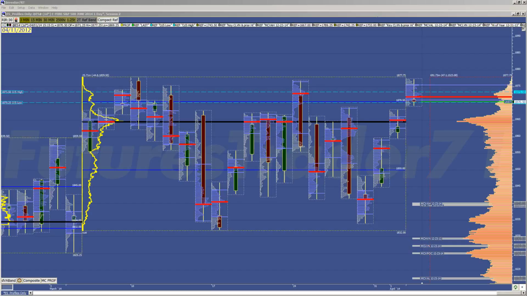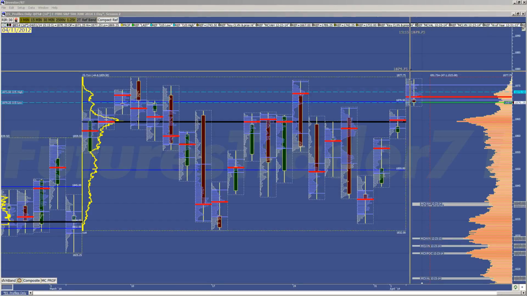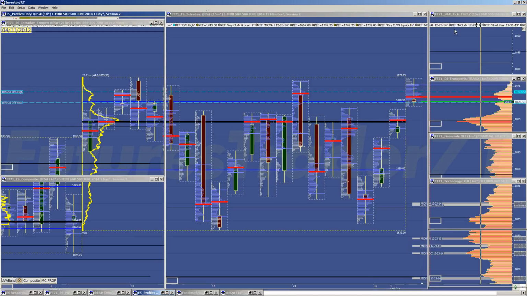What I do discourage, though, especially if you're inconsistent or you're learning, is to just throw so much stuff on your screen, so many lines, and forget that you're not trading a bunch of lines, you're trading an auction.